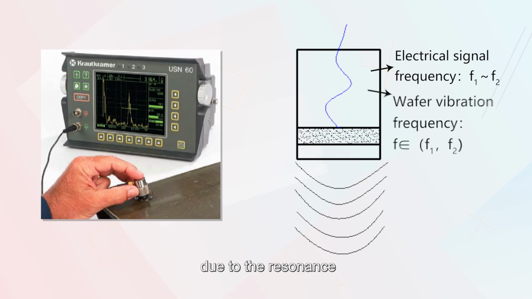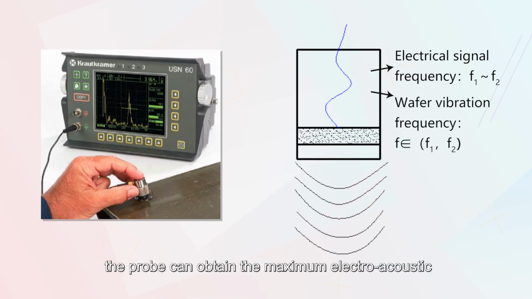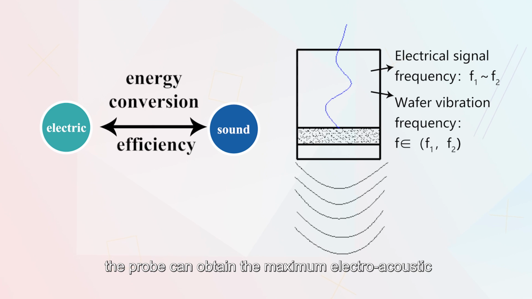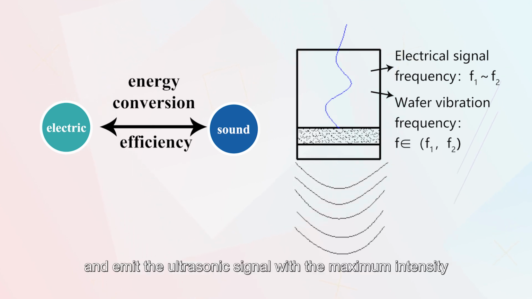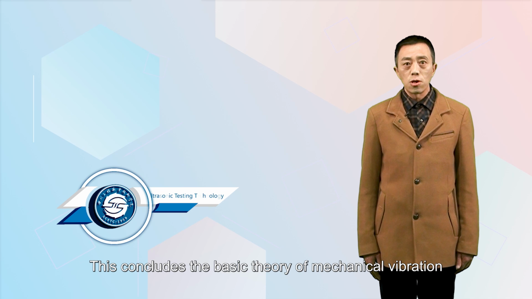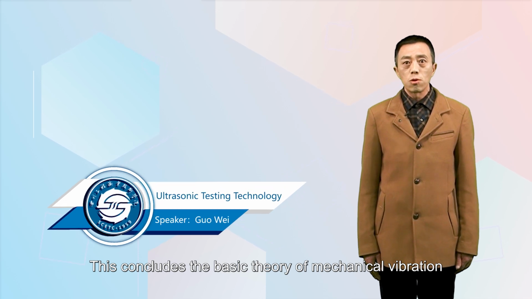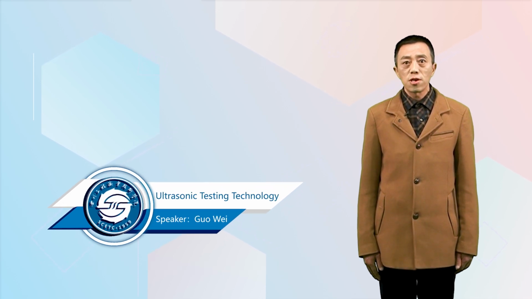In this way, due to the resonance, the probe can obtain the maximum electro-acoustic energy conversion efficiency and emit the ultrasonic signal with the maximum intensity. This concludes the basic theory of mechanical vibration.